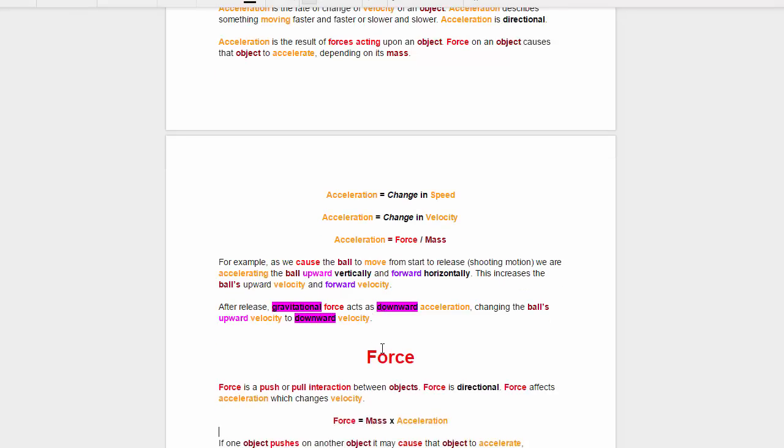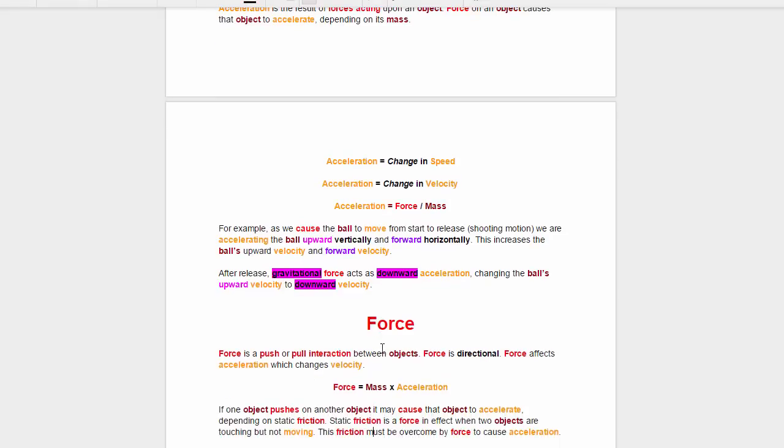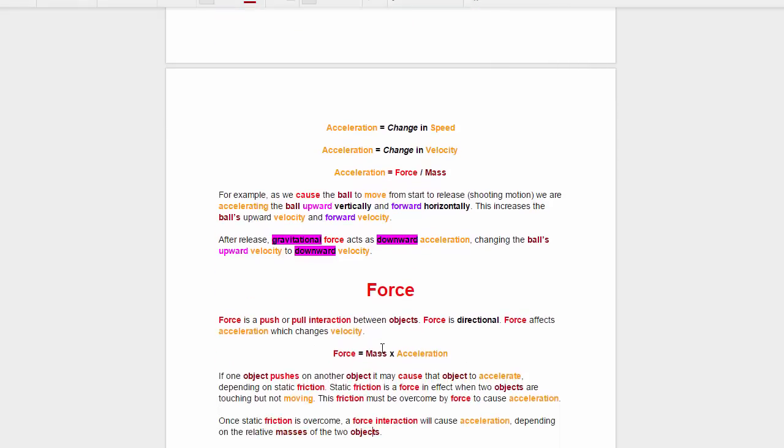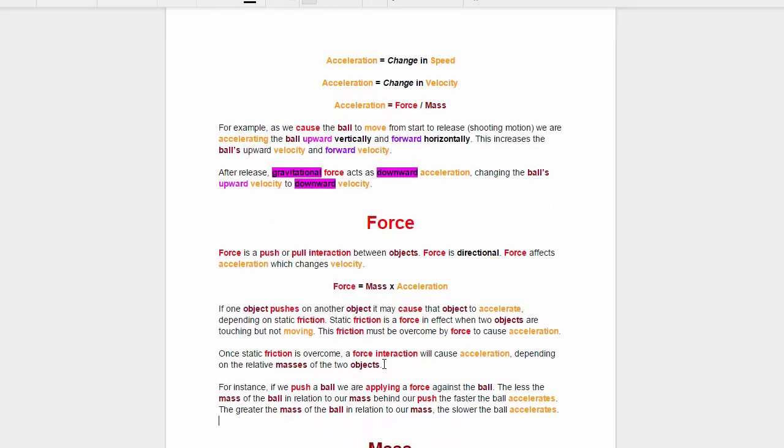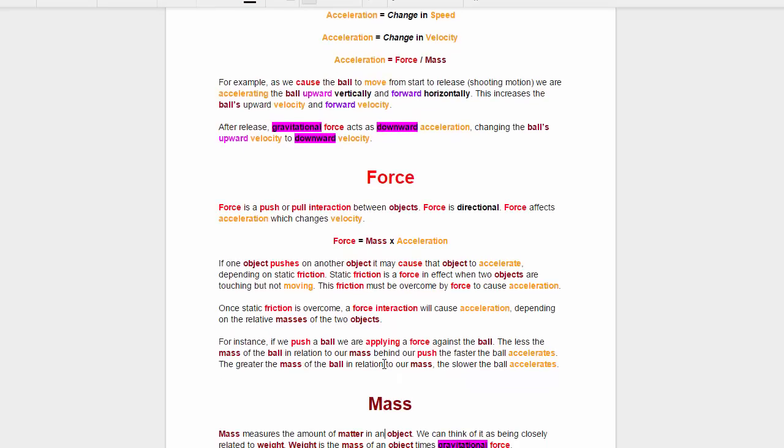Now we'll get into force. We talked about force as an interaction between objects. It could be a push or a pull. It's directional, so you can push upward, you can push forward, you can push backward, etc. Force causes acceleration depending on mass, which changes velocity. Force equals mass times acceleration is really something important to remember for shooting and in general for anything. So anytime we're applying force, the mass may affect how much the acceleration is, right?